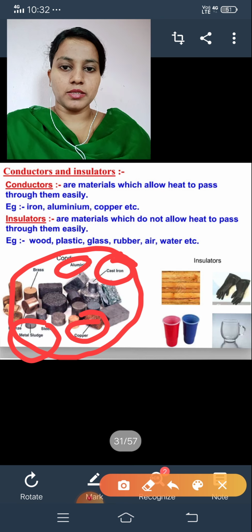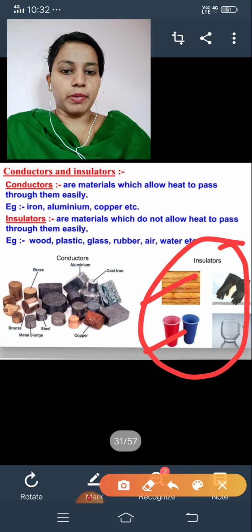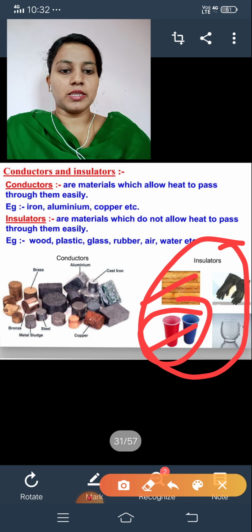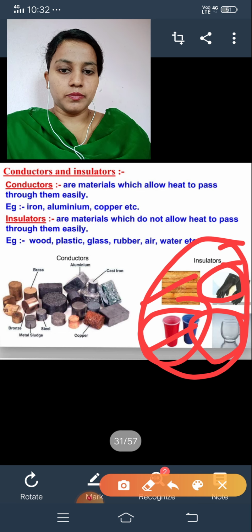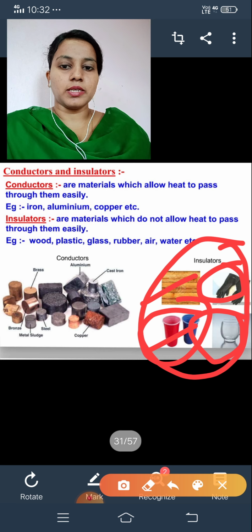Wood, plastic and glass are examples of insulators because they do not allow heat to pass.